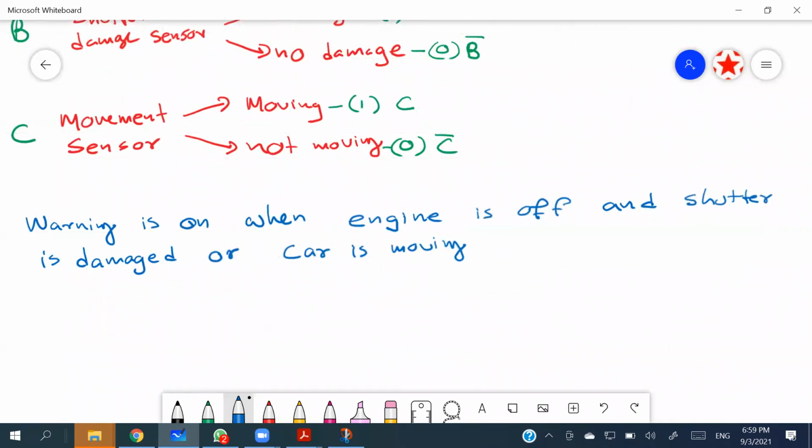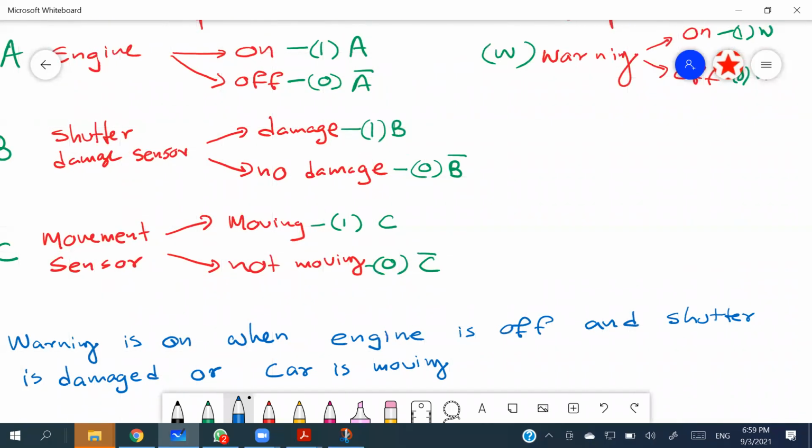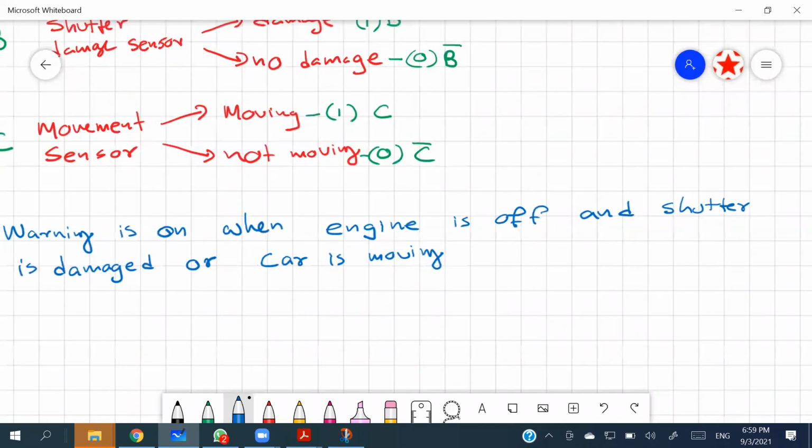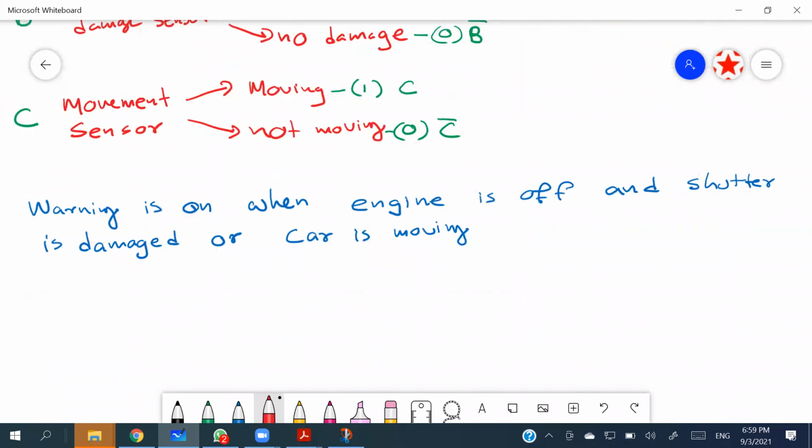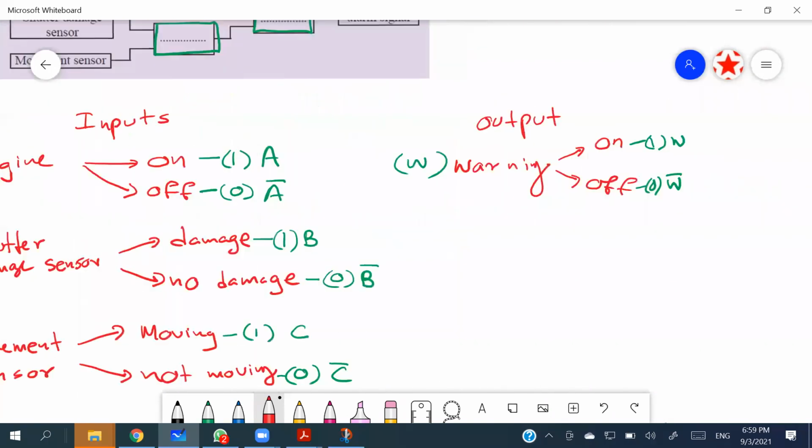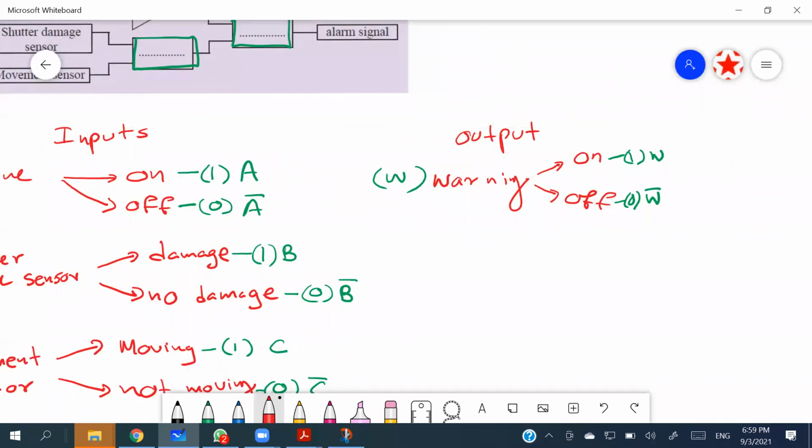Okay, so now I'm going to map or match the things from the variables that I have drawn here. Right? So how are we going to do it? Warning is on. So warning is on means what? I can use W. Right? See, I have written W over here, which indicates the warning is on.